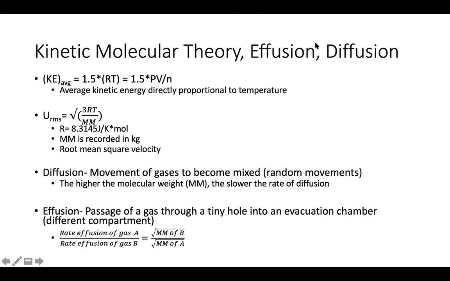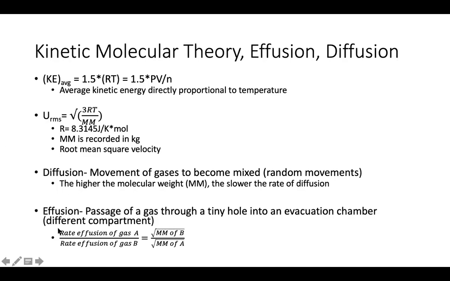Why do we use kilograms in root mean squared? Because some guy way more brilliant than us figured that out. No, the reason why is if you break down the unit of joules, I think joules can be broken down as the units kilograms meters squared divided by seconds squared.